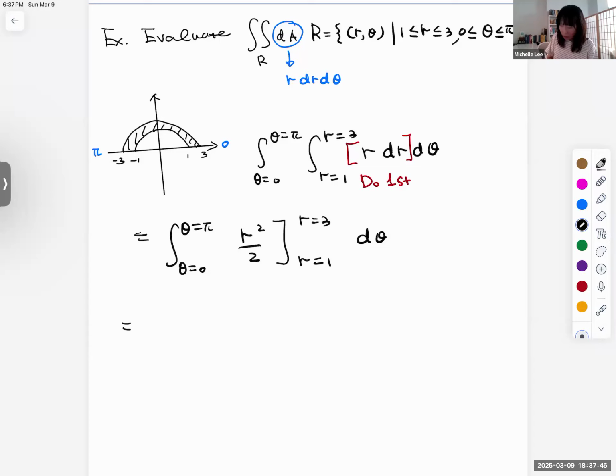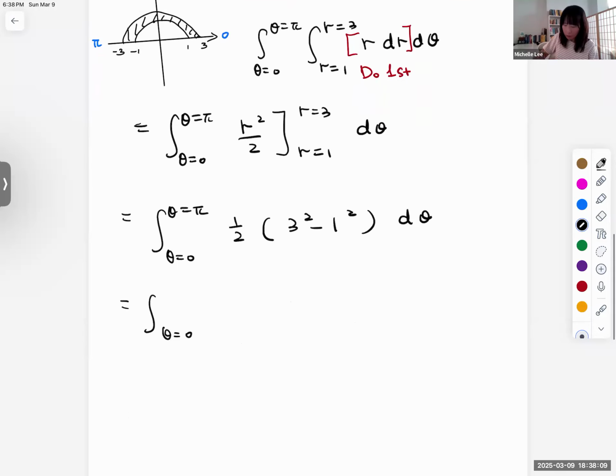All right, now theta from 0 to pi, 1/2 times 3 squared minus 1 squared, d theta, right? All right, then we have theta from 0 to pi, 1/2 times 9 minus 1, which is 8, d theta.